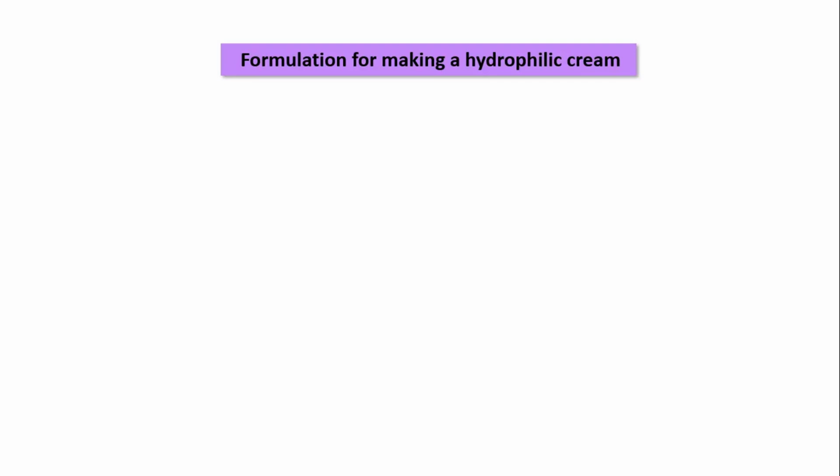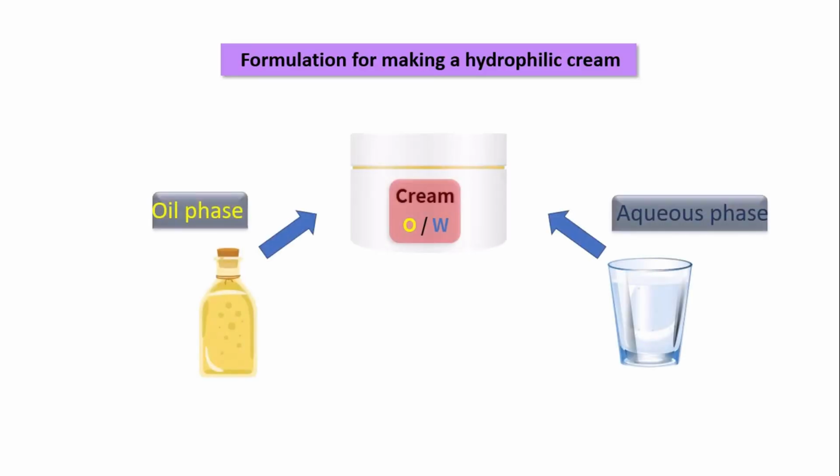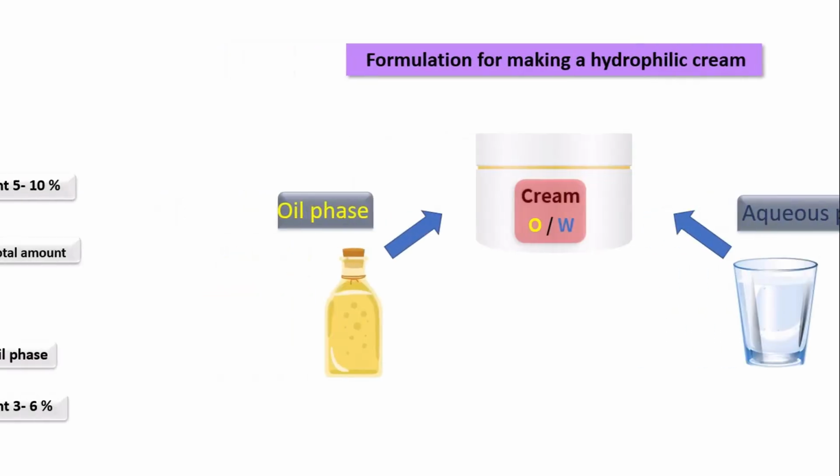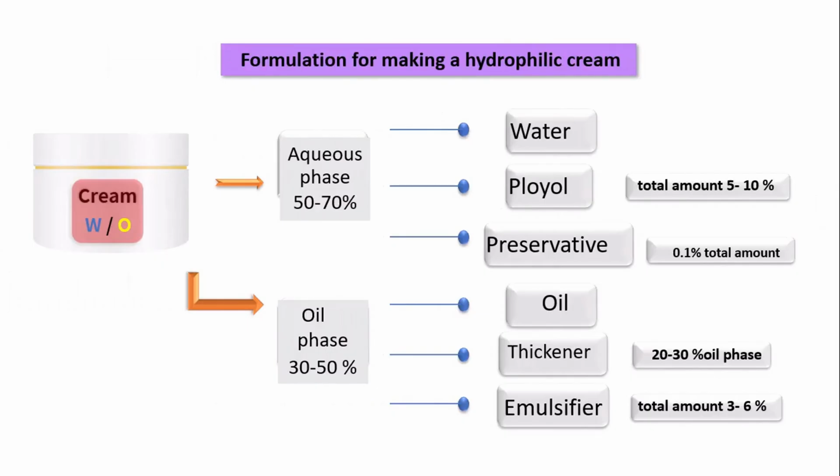In this section, we'll explain the formulation for making both types of creams and provide examples as well. We'll go over it theoretically together, what percentage of which ingredients should be used. The first formulation is for a hydrophilic cream. As we mentioned, a hydrophilic cream means its internal phase is oily and its external phase is water-based.